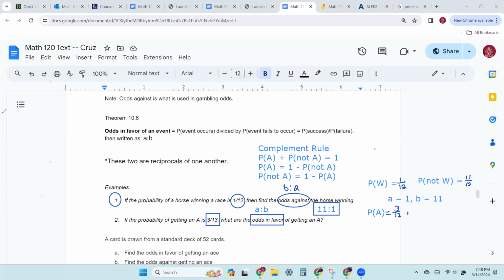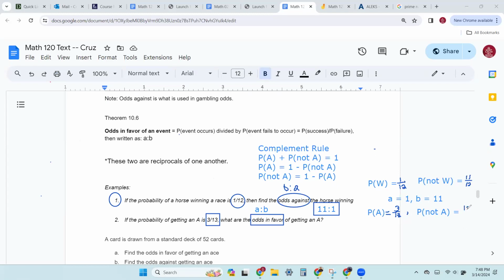So the probability of not an A is what? Perform that same thing that we did up there. 3 from 12. I'm sorry, it's 13. It's 13, right? So 3 from 13 is indeed 10.